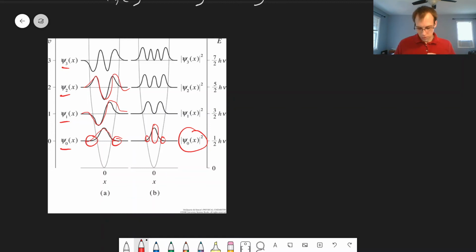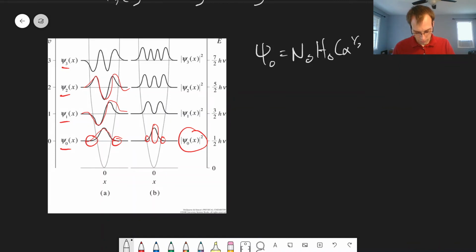And so if we want to use these formulas to write out some of these wave functions explicitly, for example psi 0, we use N_0, H_0 of alpha to the 1/2 x, e to the minus alpha x squared over 2. Let me move that so you can actually see it.